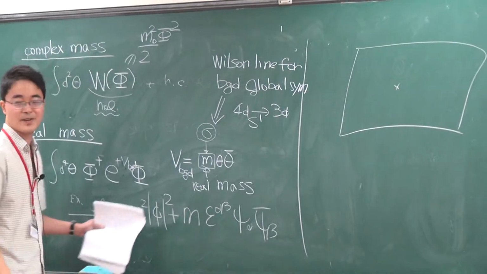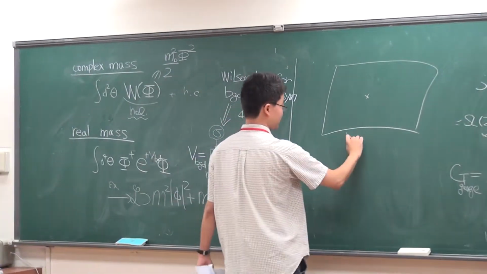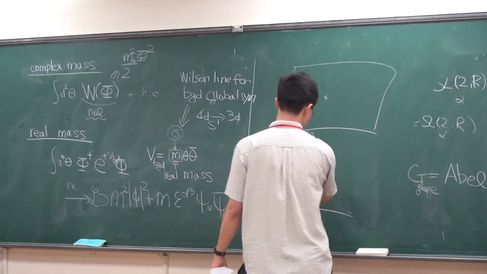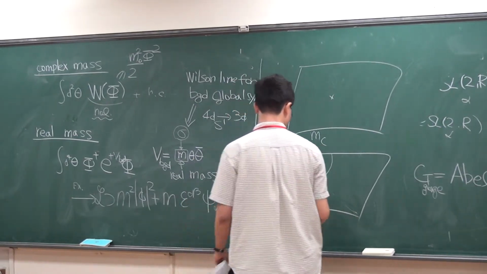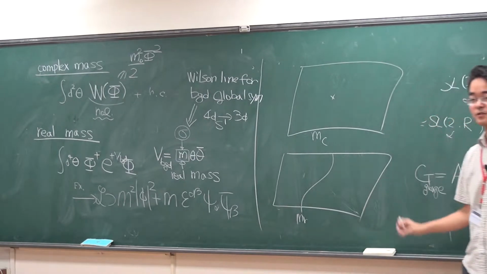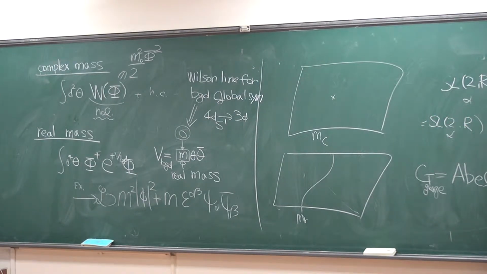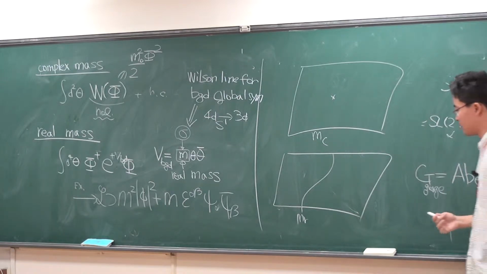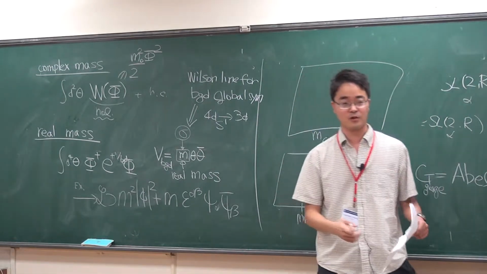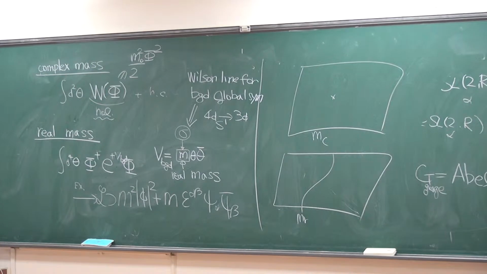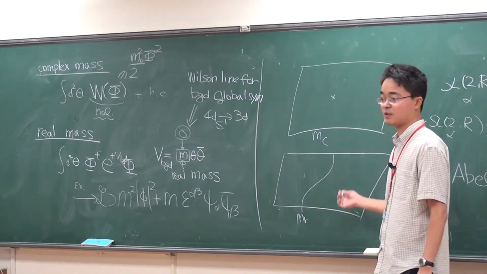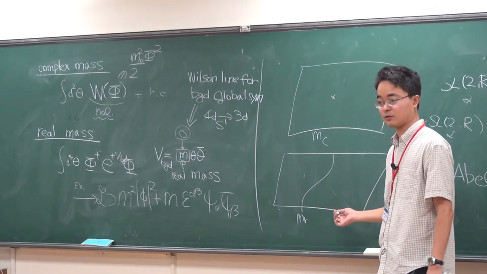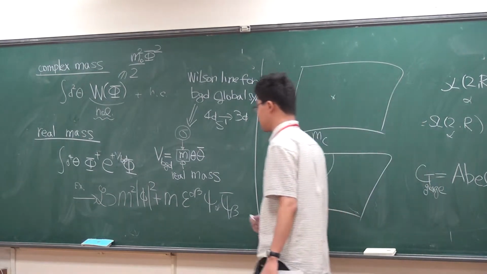This is a complex mass, but if you change the real mass, it might happen that at some value things change dramatically. It's known that even the dimensionality of the moduli space jumps dramatically if you change the real mass, which is not there in 4D N=1. That's part of the reason there are new phenomena in 3D N=2, and that's why 3D N=2 is interesting.